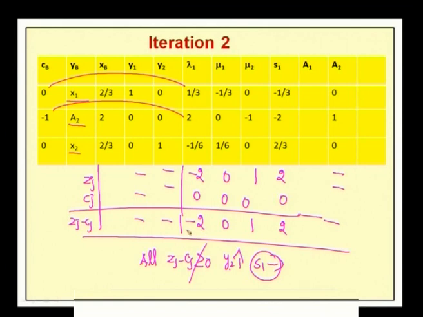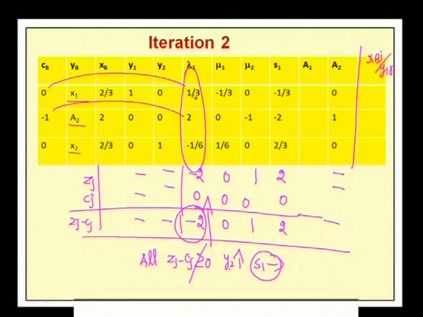For that, we have to choose the most negative. Here only one negative is there, therefore, we have to choose this value. Therefore, lambda 1 is the variable which enters the basis. Once we fix the entering vector, next we have to compute the minimum ratio xbi by yar, where yar is positive.